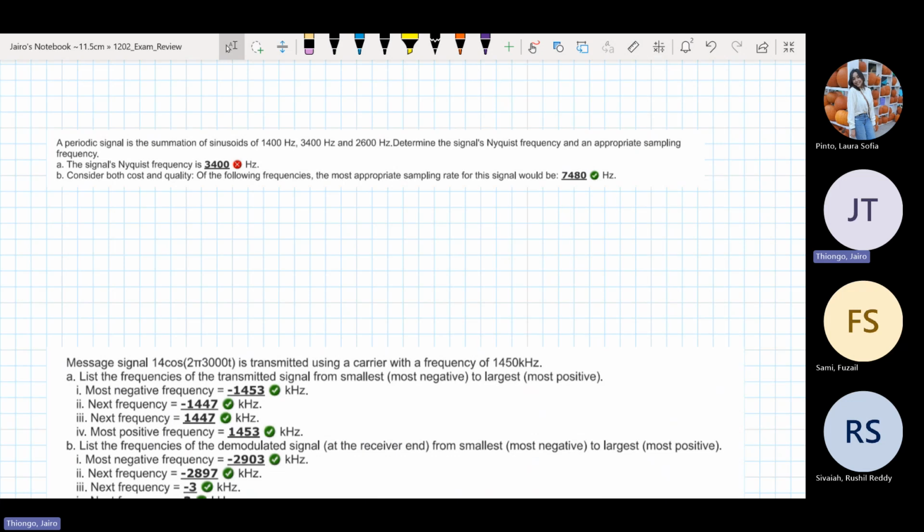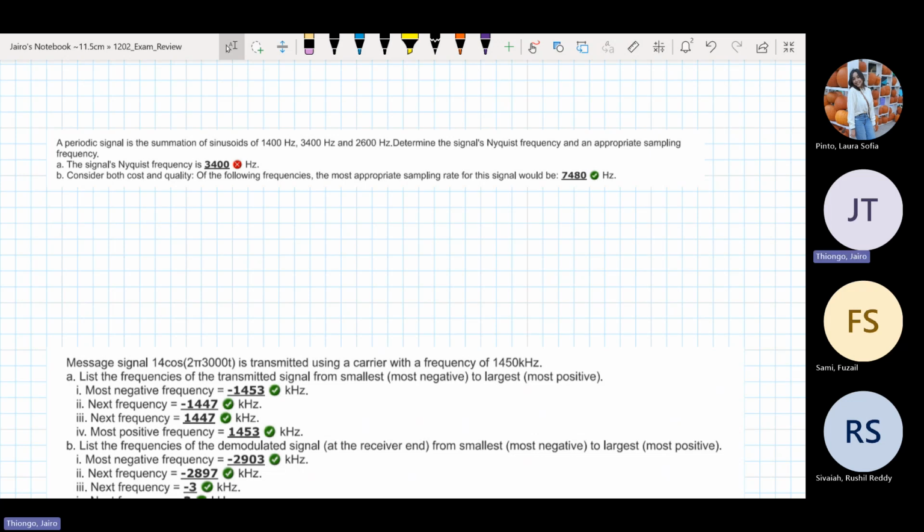So it's also about communications. You're given a question saying that a periodic signal is a summation of sinusoids at 1400 hertz, 3400 hertz, and 2600 hertz. Determine the signal Nyquist frequency and an appropriate sampling frequency.